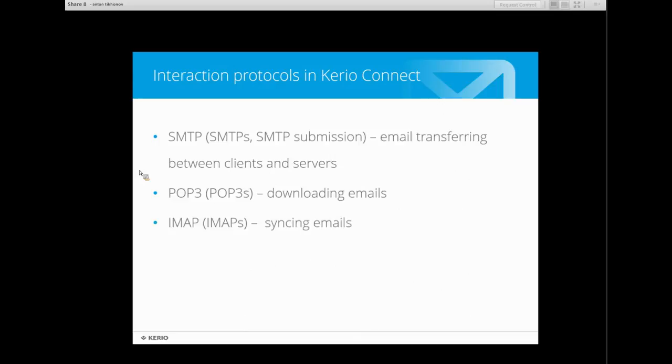So any protocol is supported in both ways. The third protocol is the IMAP protocol, which allows you to synchronize emails between client and server in both directions. It means that if you make changes on the server side on some emails or some object, these changes will be synchronized to your clients and vice versa.